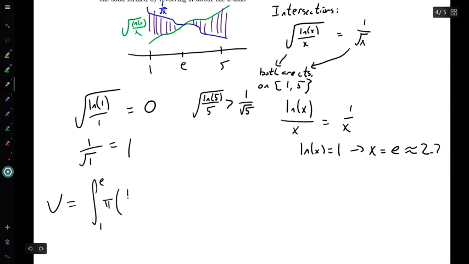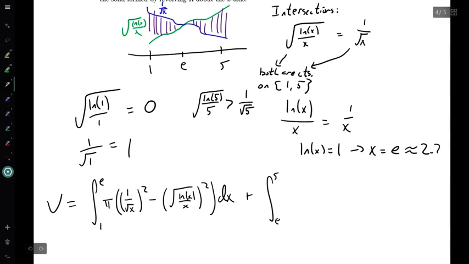The larger function is 1 over root x here, minus the smaller function, which is that root log x over x. On the remainder of the interval, from e to 5, the other function is larger, namely the function root log x over x, minus 1 over root x squared.